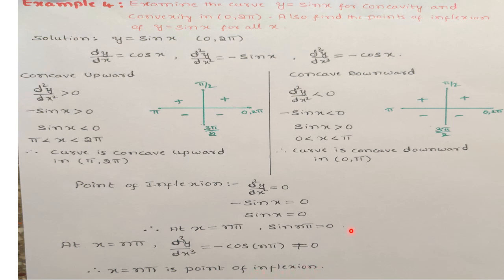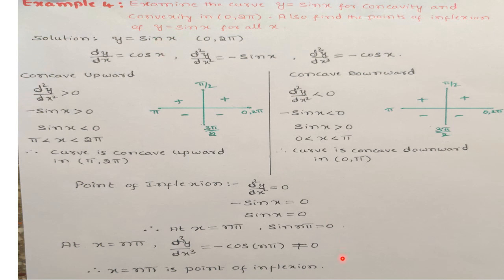Here I forgot to write the coordinate point. x equal to n pi is the point of inflection. If you want to find the value of y, what do we have to do? Substitute x equal to n pi in the given equation. The given curve is y equal to sin x. Therefore, at x equal to n pi, sin n pi is 0. So y is 0.